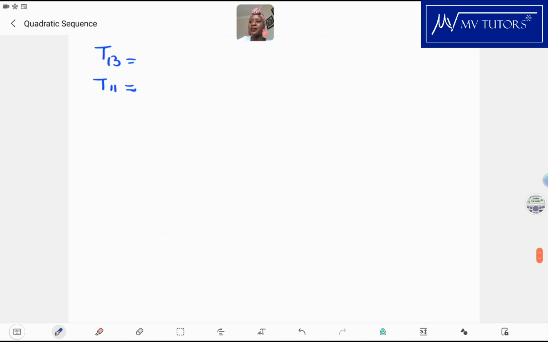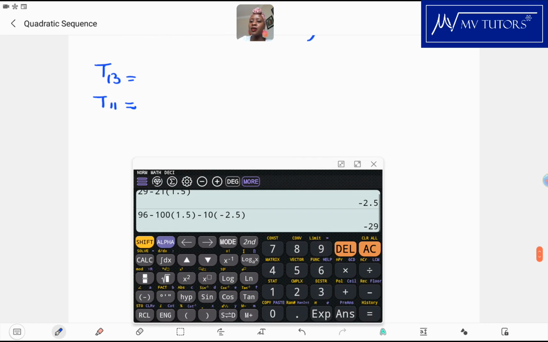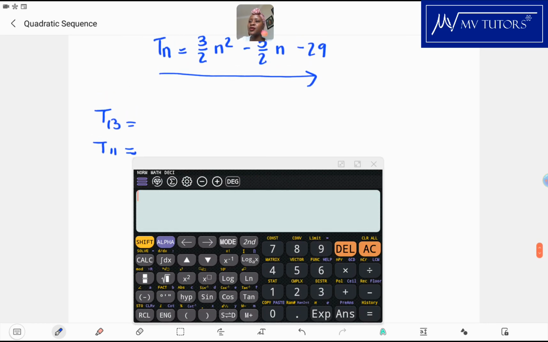Let us see. 1.5 times 13 squared, minus 2.5 times 13, minus 29. Guys, we're getting 192. Yay. And then T11, 125. So great, our formula works.